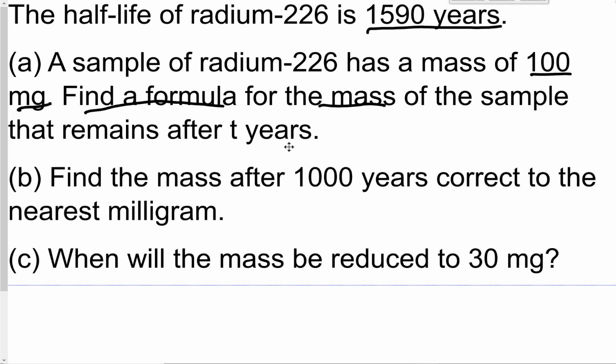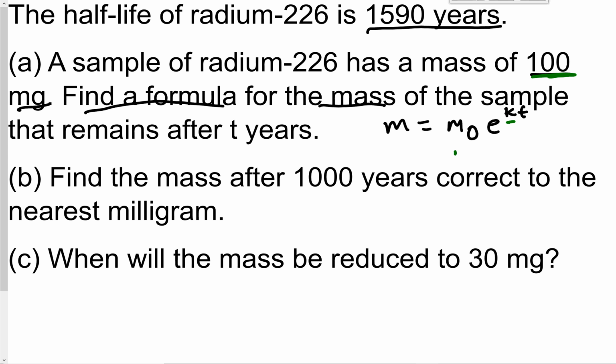Because the mass is proportional to the rate of decay, not rate of growth but rate of decay, we can use this formula, our original amount, m sub 0, e to the kt. So first, we have to find out what this k is, and that's why they give us this example with the original amount.